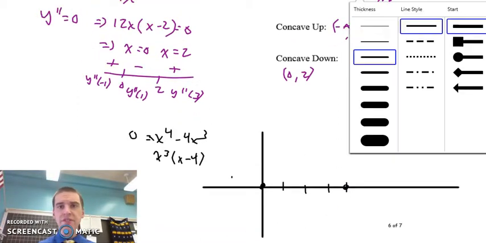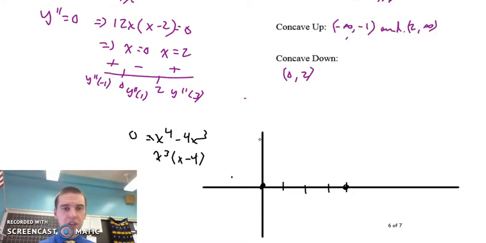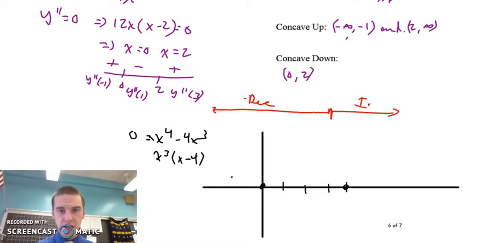And so using everything we know, we're decreasing from negative infinity to 3. We know that we're increasing beyond.